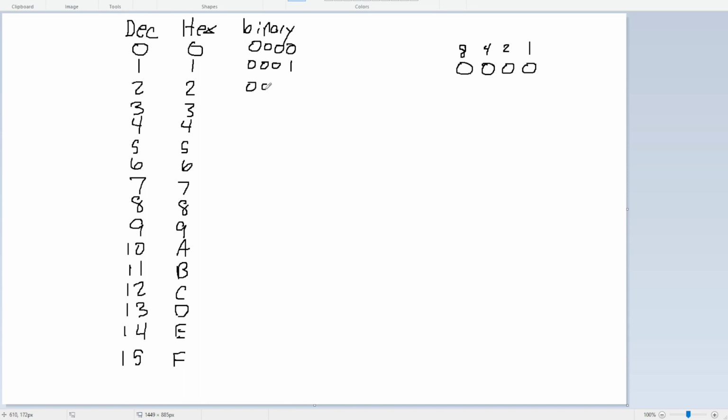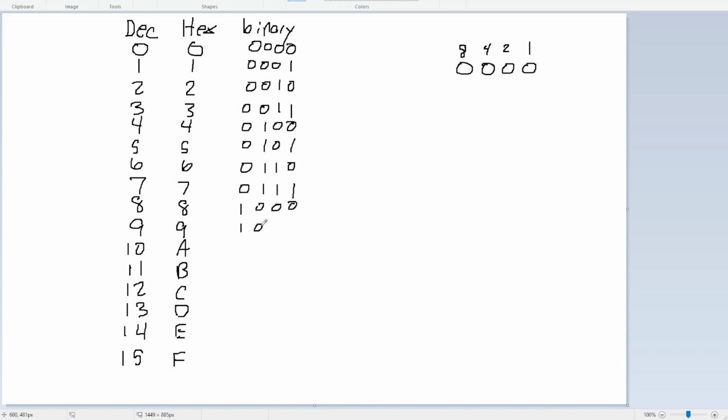2, we're just going to turn on the 2 bit. 3, we're turning on the 2 and the 1 bit. The 4, like so. 5. And once you do this a lot, you can just kind of bang through this chart pretty quick. So for the 8, I just need to turn on the 8 bit.